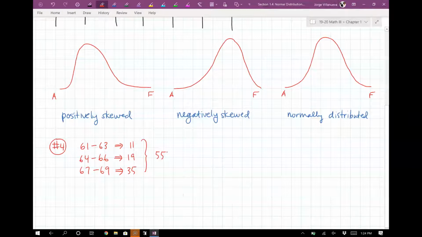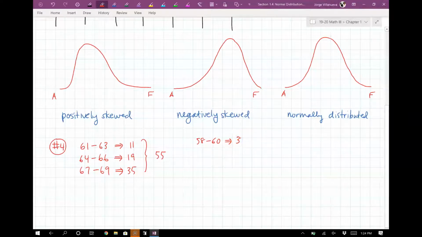Now, if we add all that stuff together, we get 55. Okay? Now, it's saying what % of students. So I'm just getting out my calculator here. In order to do a percentage, I need to know how many students divided by the total number of students, right? So, all right, let's figure out what we have in total. So 58 to 60, how many students do you see there? I say maybe like 3 students.